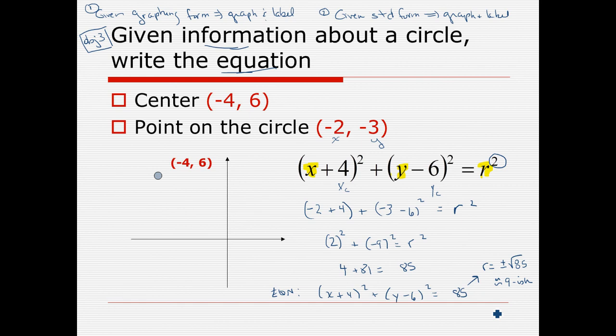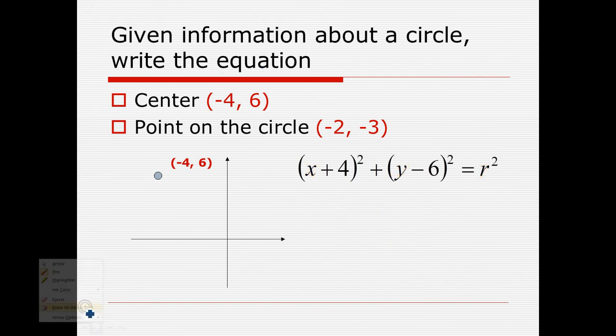Here's another way to think of this problem. Check out the point -2, -3. That's on the circle. So that distance is what? The distance from the center out to the circumference. What do you call that distance?